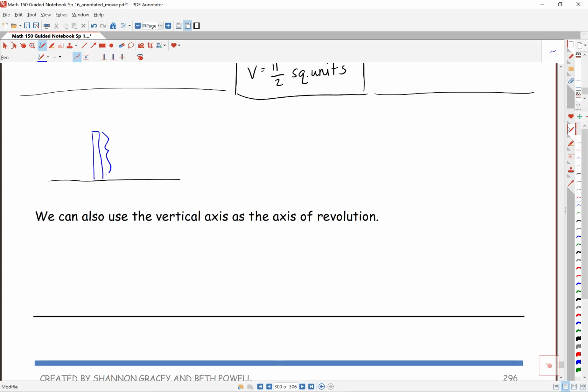Okay, so that's going to be your capital R of x, and right here is going to be your dx, and your axis of revolution is going to be horizontal, right?